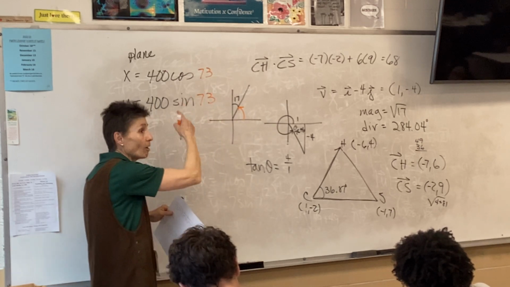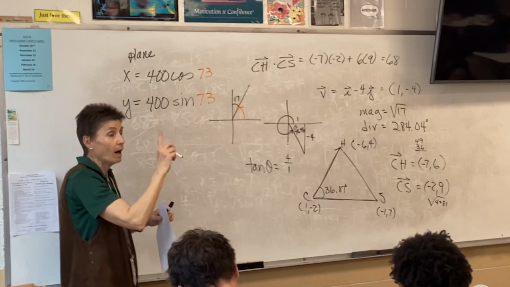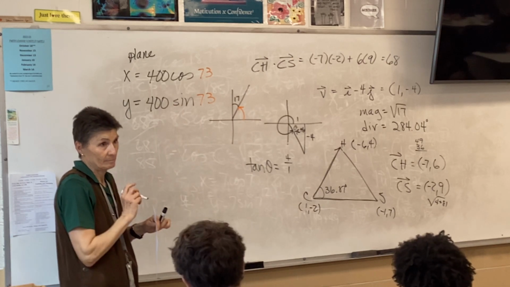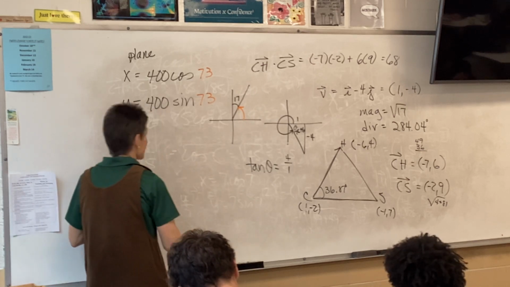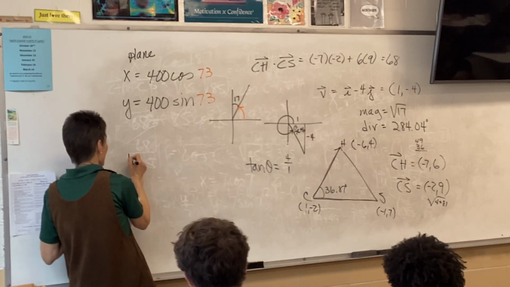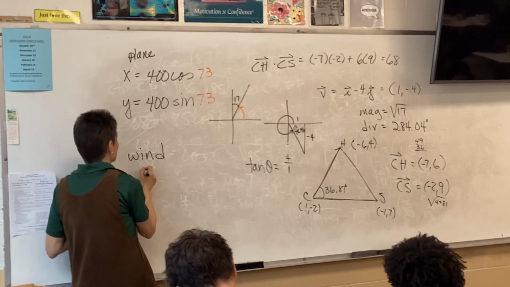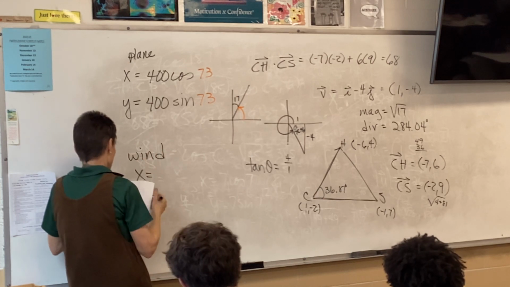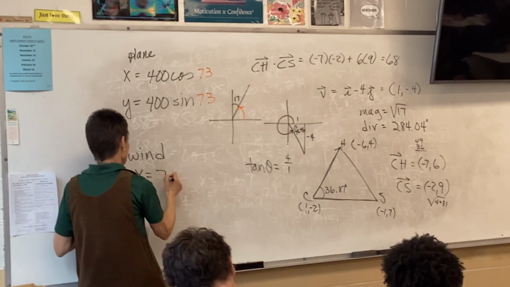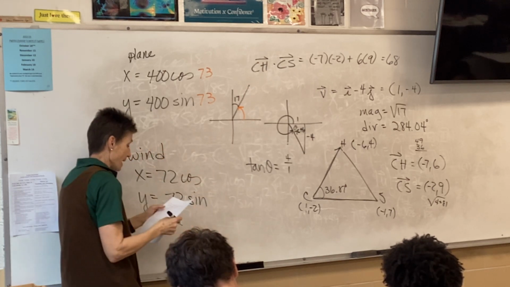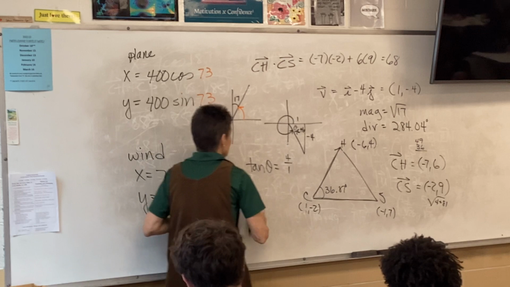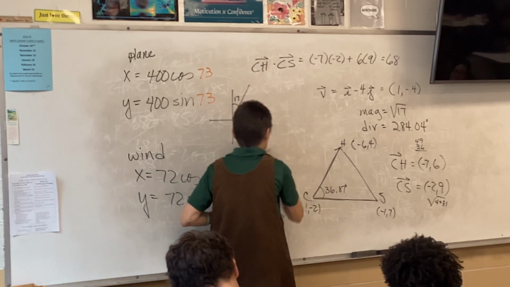So here are the components of the airplane. Now I'm going to do the same thing for the wind. His magnitude is 72, and it's a course of 160 degrees.